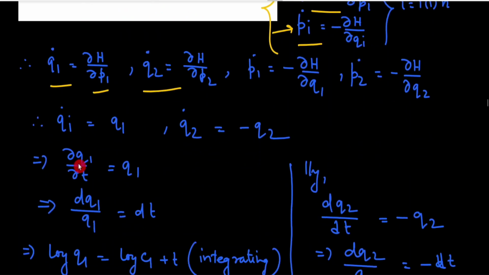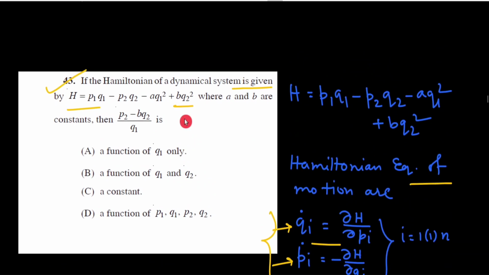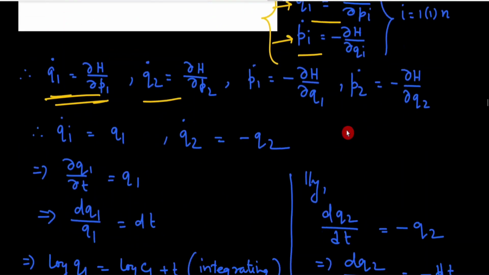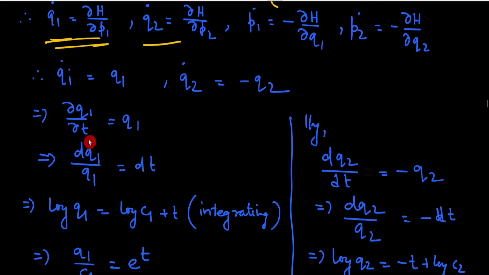So from the first equation we have Q1 dot equal to del H del P1. From here we get del H del P1 equal to simply Q1. Therefore this gives Q1 dot equal to Q1. That means this is one variable, simply one variable, so we can convert it to an ordinary differential equation.